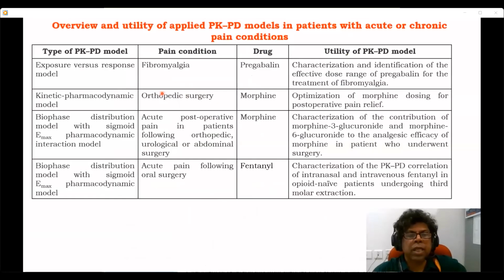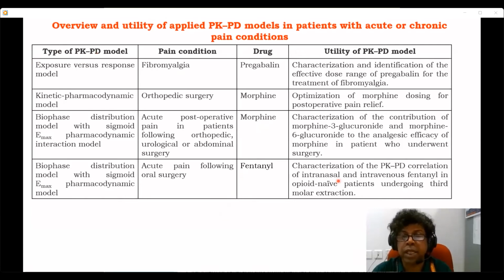And these are some of the drugs for which they have already done PK/PD modeling. For example, pregabalin and morphine. Pregabalin is basically for the treatment of fibromyalgia, and they also did it for morphine for pain relief, how dosing is given in post-operative settings, and in the case of surgery, how morphine is used, by this pharmacokinetic and pharmacodynamic modeling.